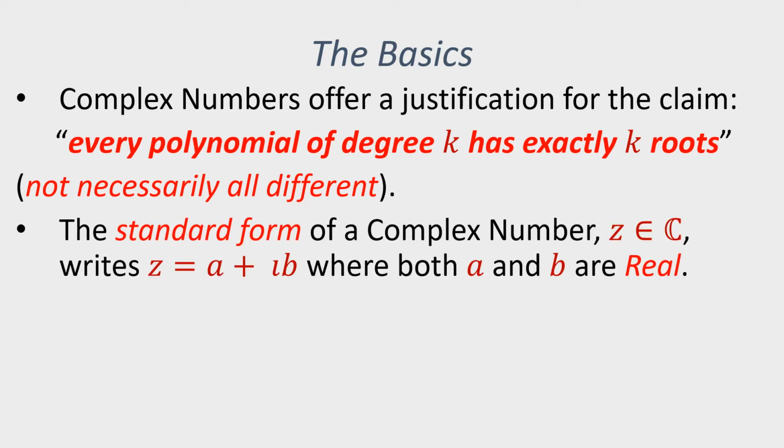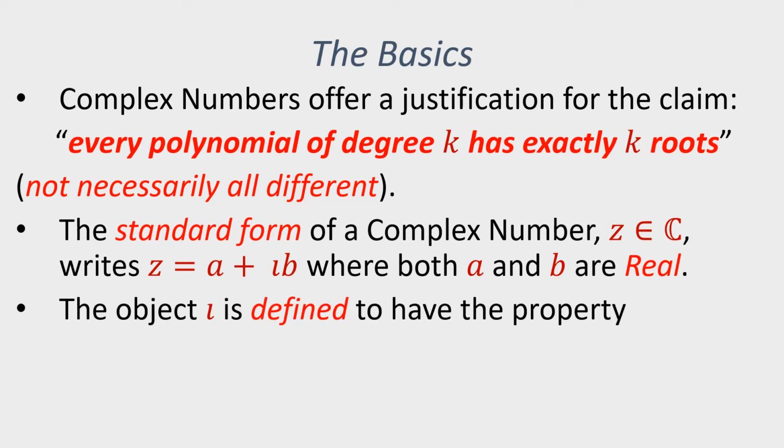The standard form we have for a complex number, which we write z usually, we have two real numbers, a and b, and we write our standard complex number form as a plus this object i multiplied by b, just to stress a and b are both real numbers.